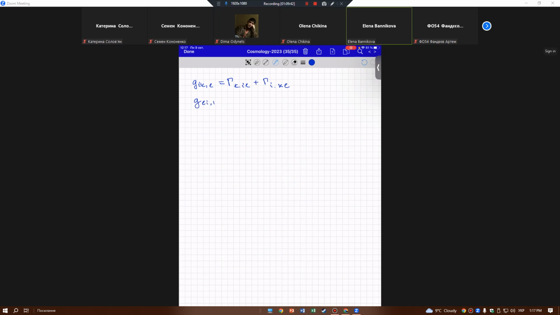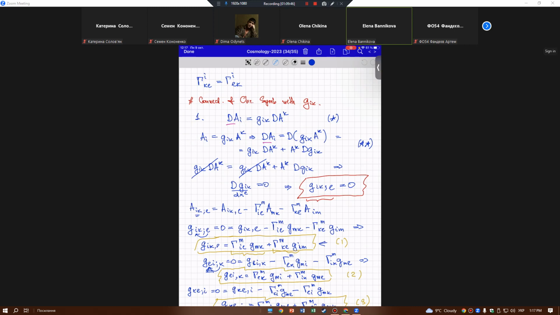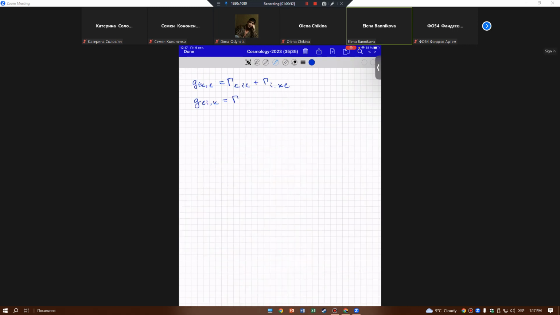So it will be gamma_{ILK} plus gamma_{LIK}. So this is from 1. This is from 2. And the third one, the cyclic one, g_{KLI} equal.